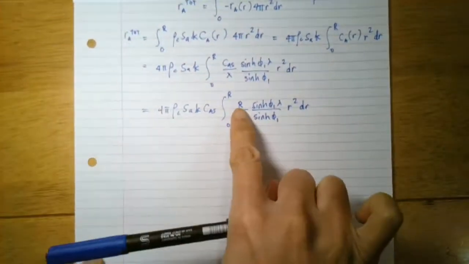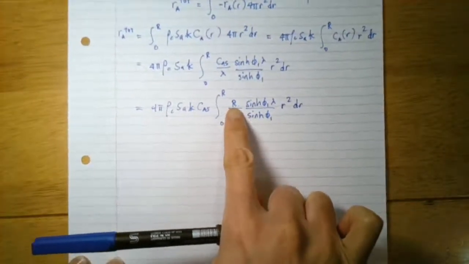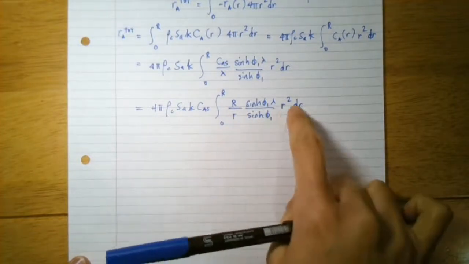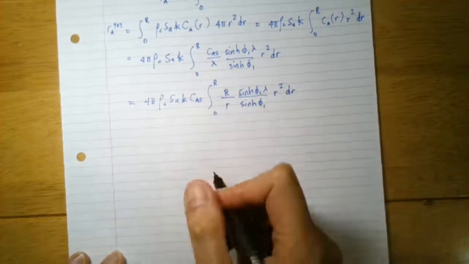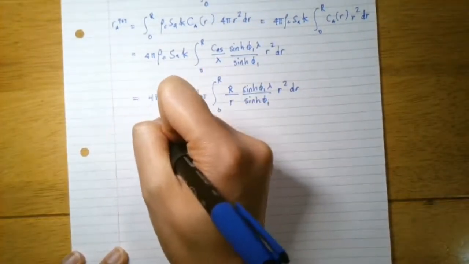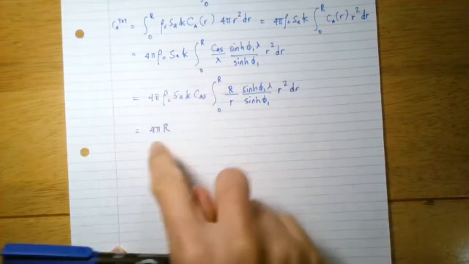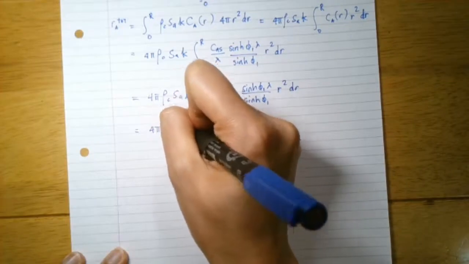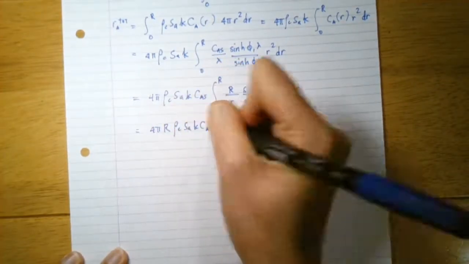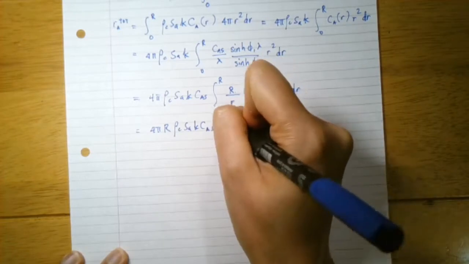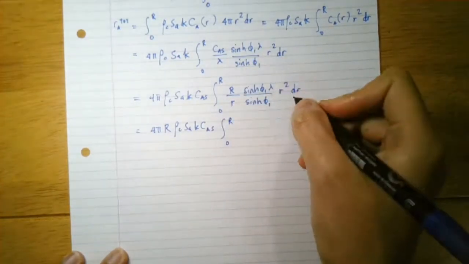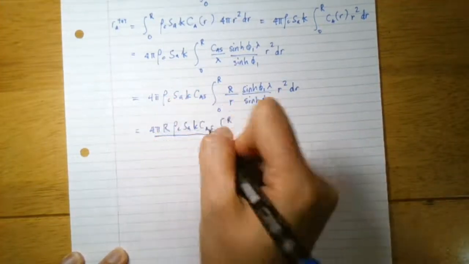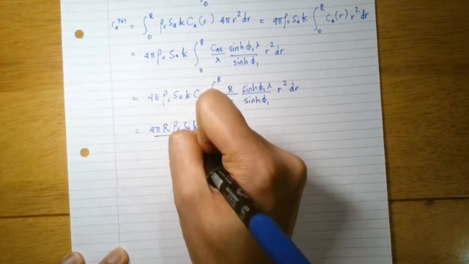Now I can take capital R out of the integral, and I have one r in the denominator and two r's in the numerator, so I can simplify this. We have 4 pi R, rho C, SA, K, Cas, integral from 0 to R. Sinh phi 1 is also a constant, so we can take that out of the integral.